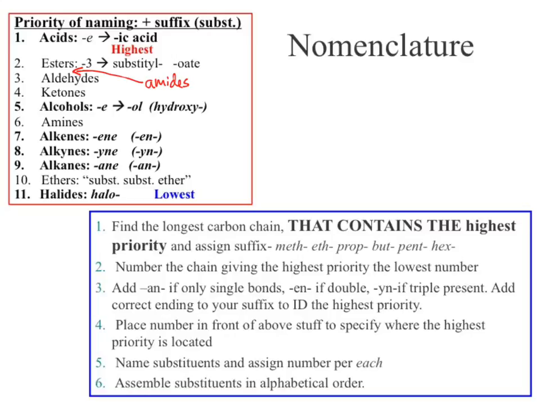Define logic. Like, should we think about reactivity? I don't think you can really get away with reactivity, because your esters are typically your least reactive. They're very low as far as reactivity.